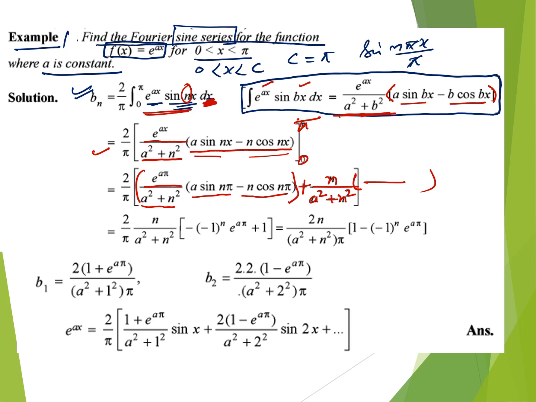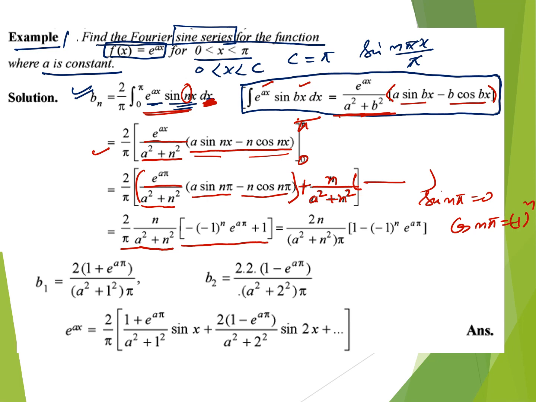Now because sine n pi is 0 and cos n pi is equal to minus 1 to the power n, so we get 2 upon pi, n upon a square plus n square into minus 1 to the power n e to the power a pi plus 1.